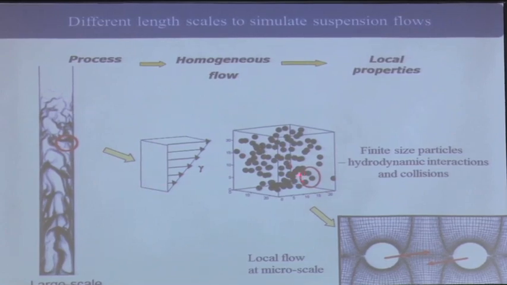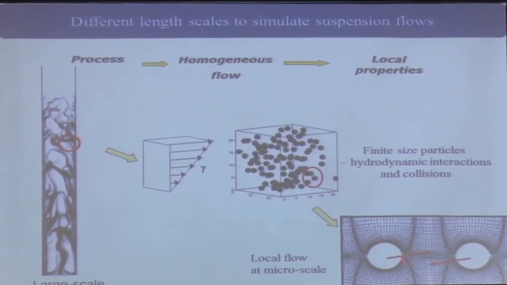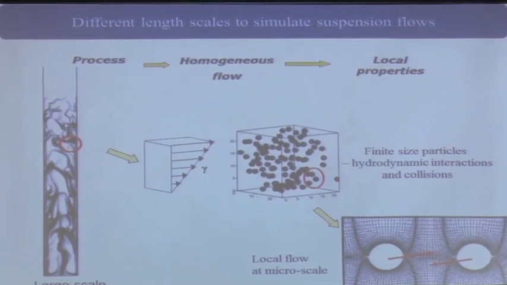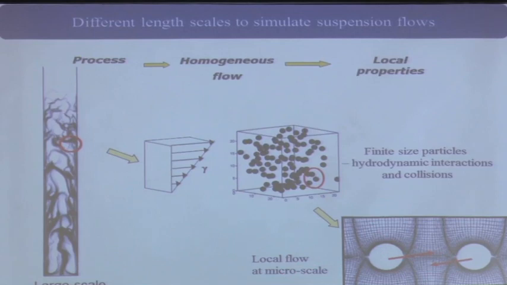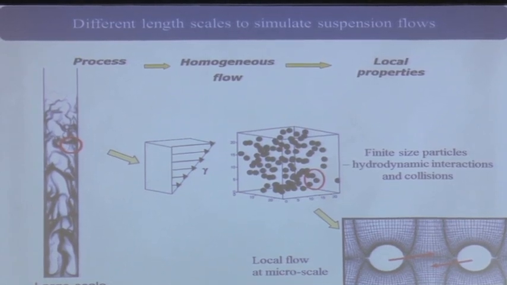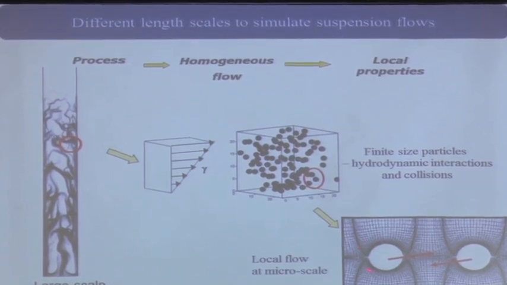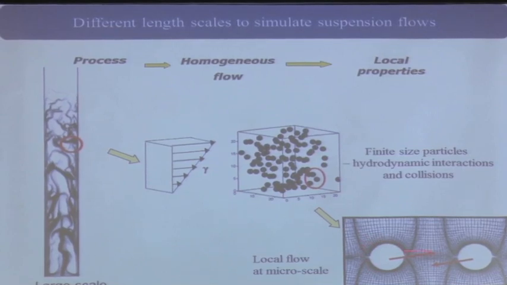Okay? And sometimes you need really to know what is exactly the flow around the particles, because you think that really close to the particle everything is happening. So for example, in the wake or in the boundary layer, you need to know what is the rate of transfer of one species, or you need to know what is the rate of collision, or what is the rate of sedimentation. I don't know. You need to know something at the scale of 1 or 2 particles.